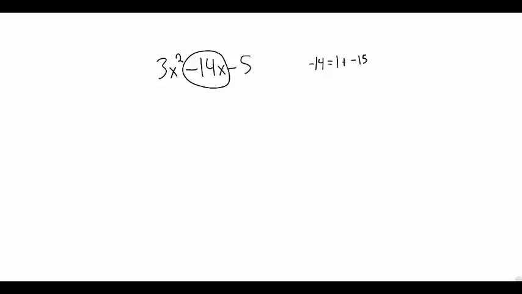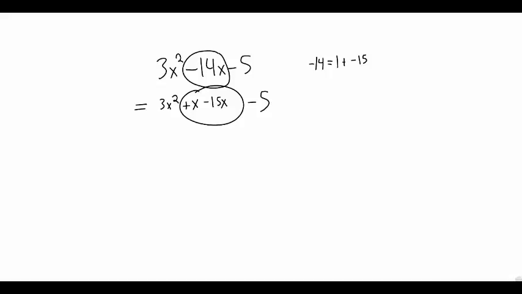So we can replace this circled term with the following: minus 14x equals x minus 15x. So these two polynomials are equal.